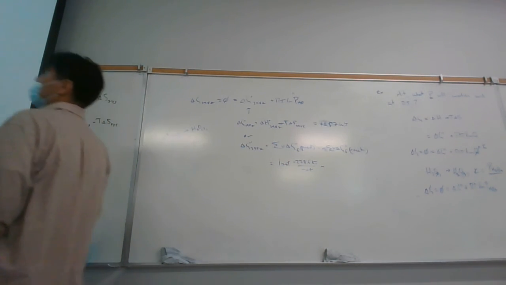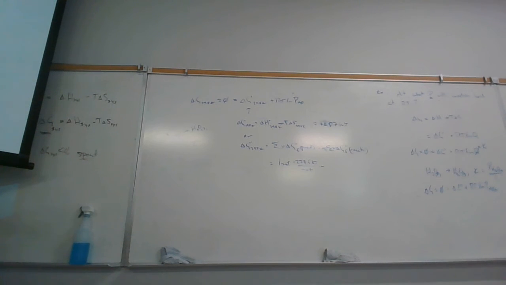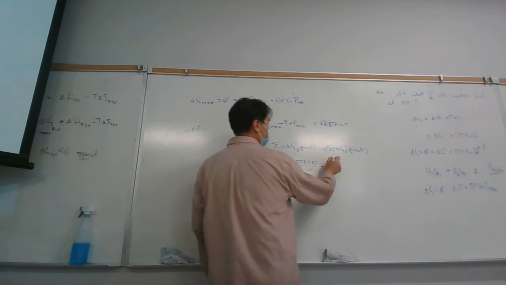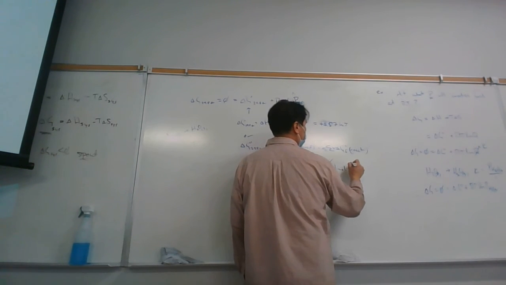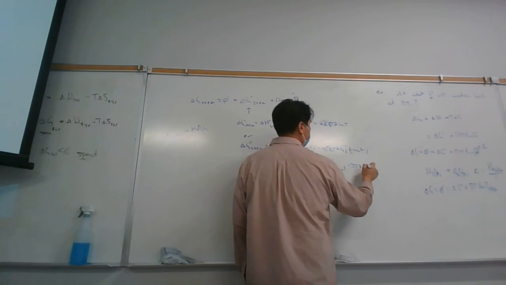So the reactant, H2O liquid, is minus 237.1. So minus 1 mole times minus 237.1 kilojoules per mole.